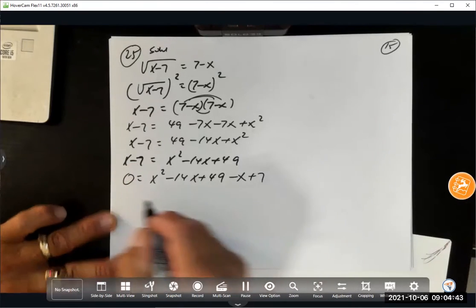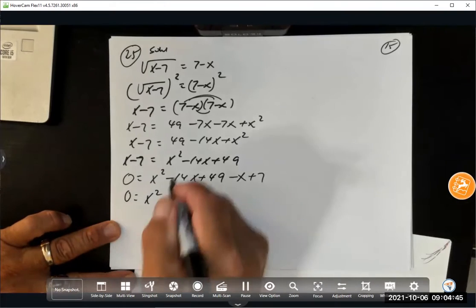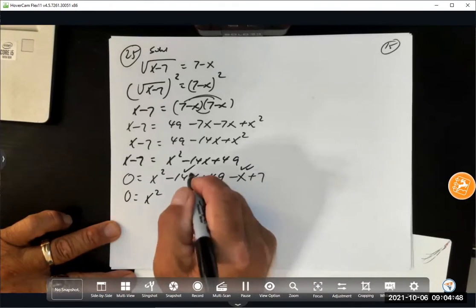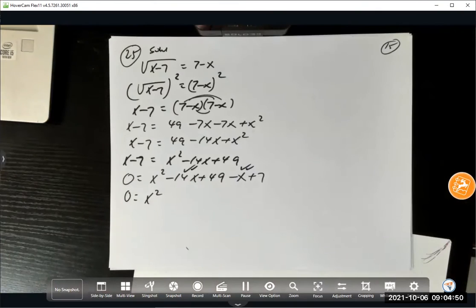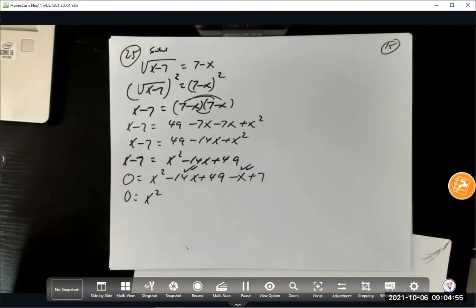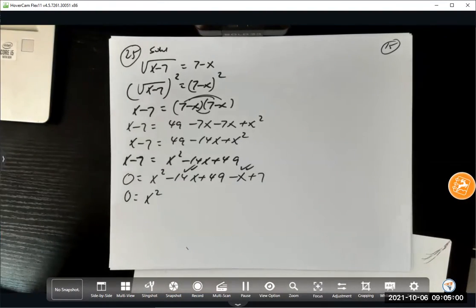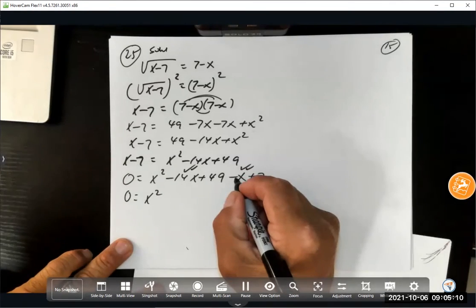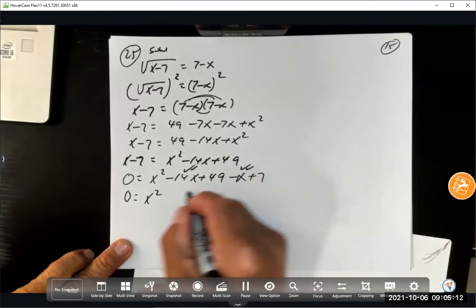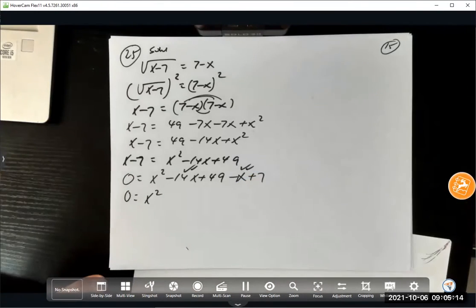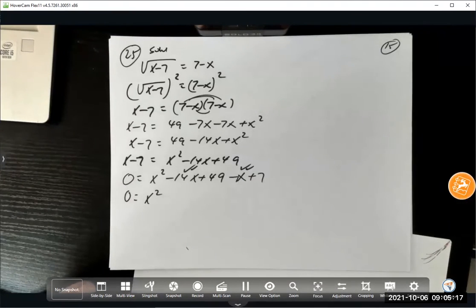All right, so now you tell me what this is going to be. What is this one and this one with the check marks going to be? What is 14x negative and negative 1x? Let me help you. 1 and 14. What is 1 and 14? It's negative something, I hope.